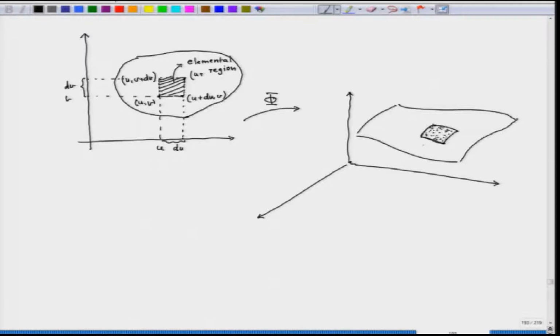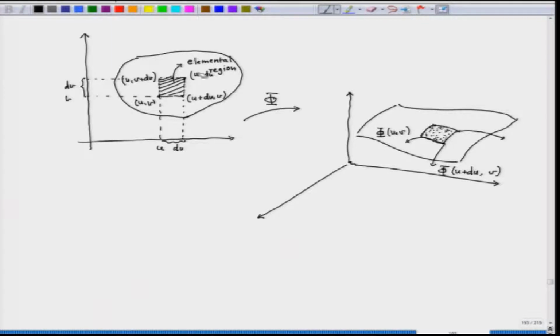So how are u and v mapped here? This point gives me phi of (u, v), and this point gives me phi of (u plus du, v).